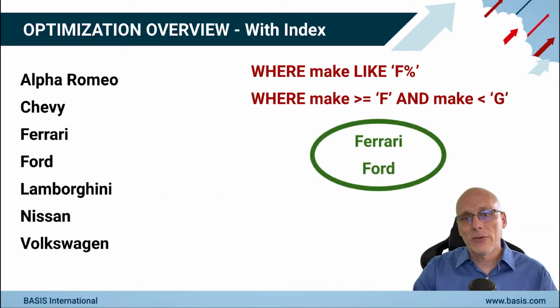With those 3 reads, we're able to return 2 records. Now, we have 7 records in here, so we only really skipped over 4 of them. But if this was 7 million records, it would return these 2 records in the same amount of time as it did in a 7-record table, because it's able to skip over all of those millions of records prior to it and all the millions of records after as well.